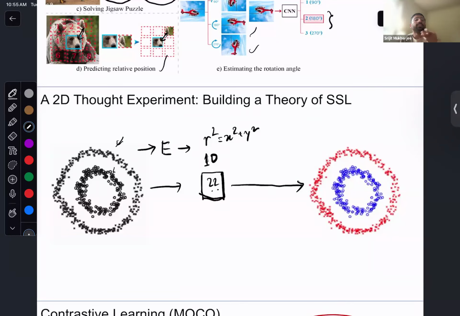This is how you can think of it. And this approach is actually borrowed from a mathematical idea.